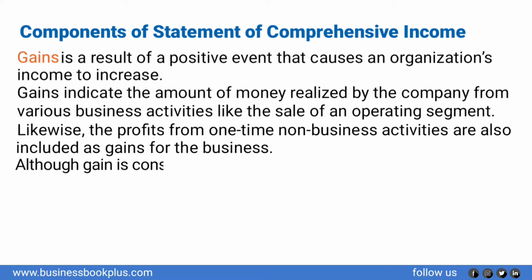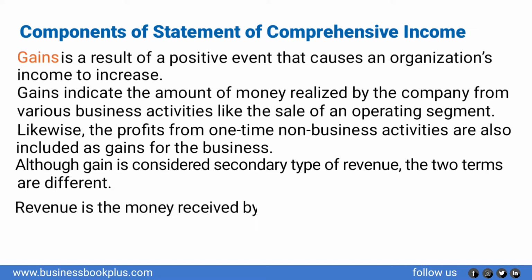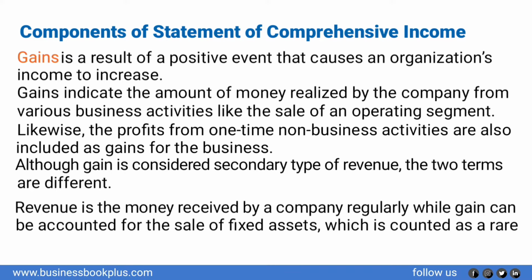Although gain is considered a secondary type of revenue, the two terms are different. Revenue is the money received by a company regularly, while gain can be accounted for the sale of fixed assets, which is counted as a rare activity for a company.